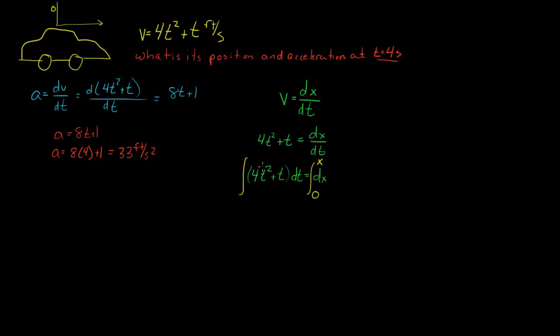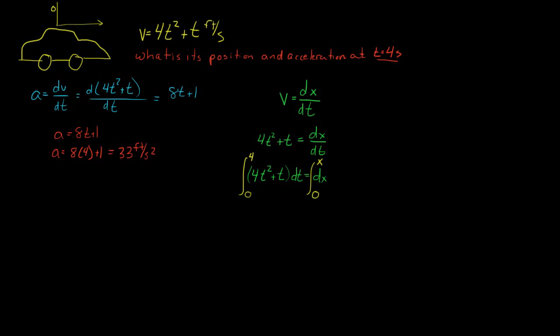Now, when time is equal to 4, that's what we're looking for. This has moved to a distance x. So our bounds on dt are going to be 4 to 0, because again, 0 is when we start.